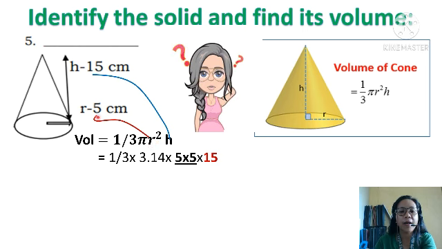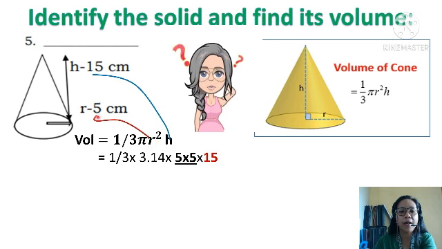So, 5 times 5. Okay? And then, the height is 15. So, you have here 1/3 times 3.14 times 5 times 5 times 15. So, take note, we are going to solve first the whole number. 3.14 times 5 times 5 times 15. Huwag mo nang galawin si 1/3.